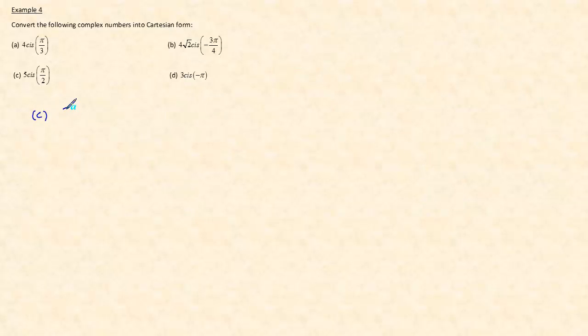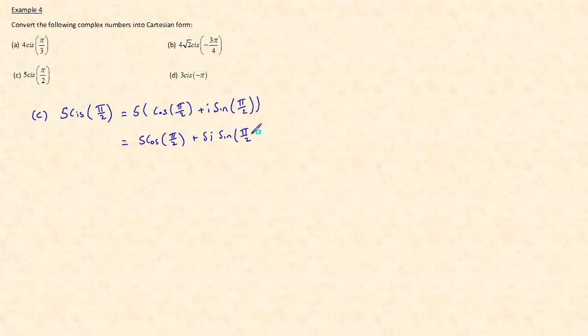Now in part C we have 5 cis pi by 2, which is 5 cos pi by 2 plus i sine pi by 2. So that's 5 cos pi by 2 plus 5i sine pi by 2.